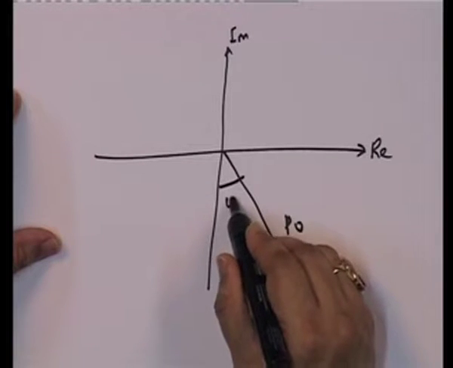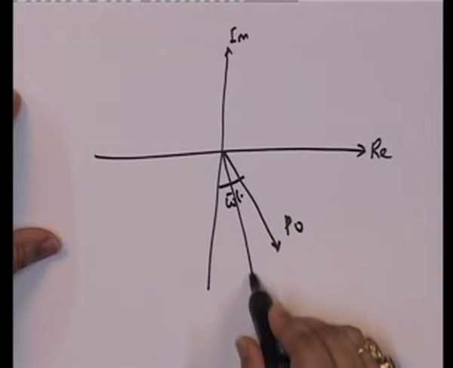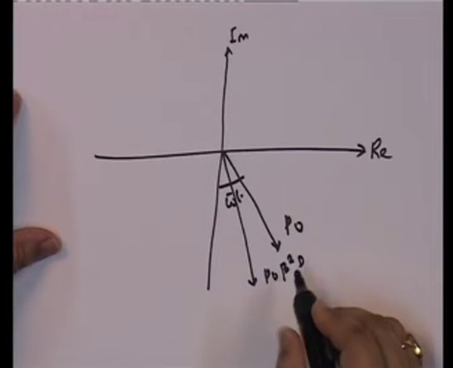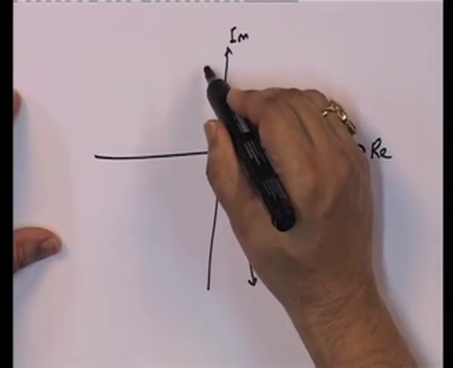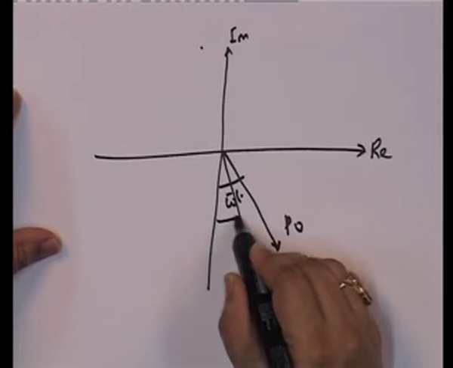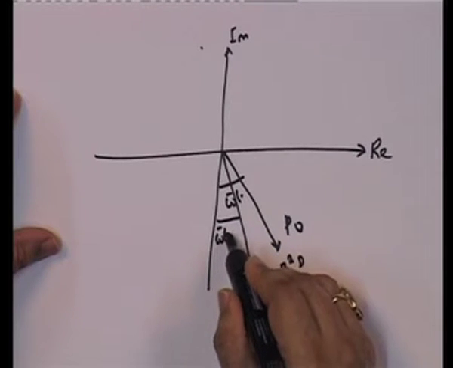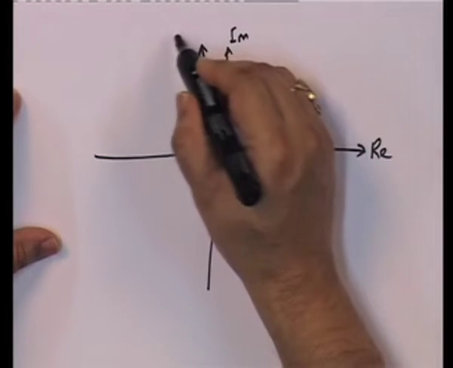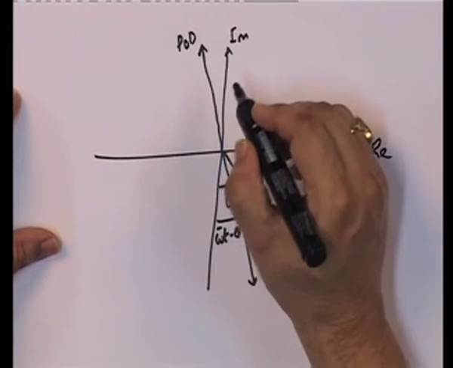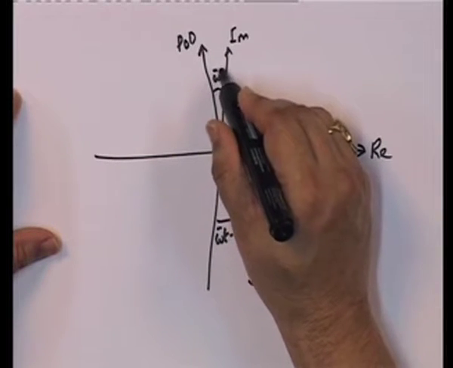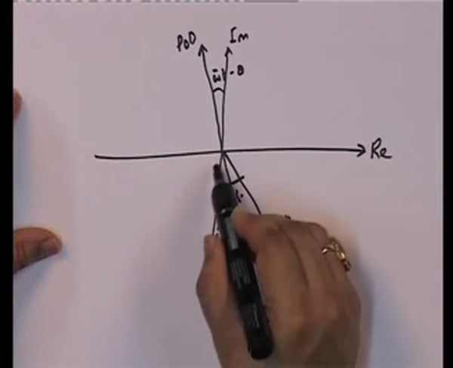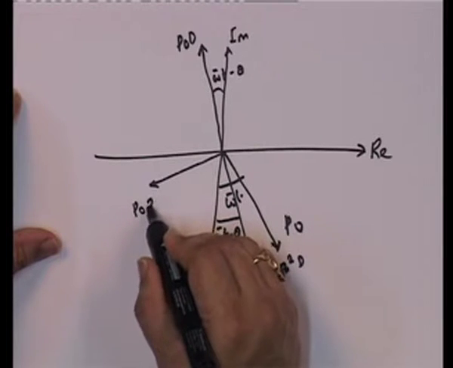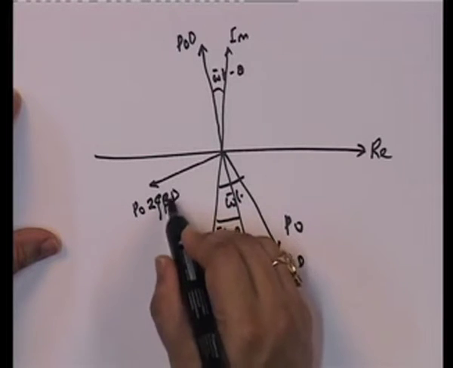P naught omega bar t, P naught beta squared d, then this is omega t minus theta, then opposite this is P naught d, this is omega bar t minus theta, and then at 90 degrees to that is P naught into 2 xi beta.